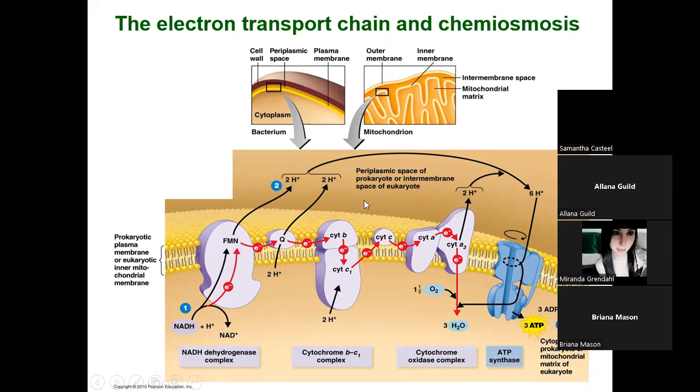When the hydrogen ions move across the membrane, they can only do so at this point here. And this channel protein is ATP synthase. When a hydrogen ion moves through this protein, it gives the protein the energy it needs to make ATP, meaning it phosphorylates ADP.